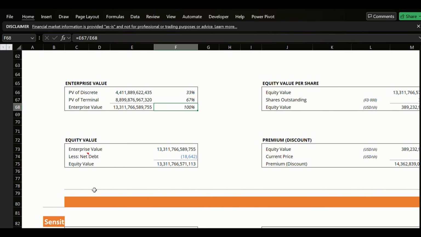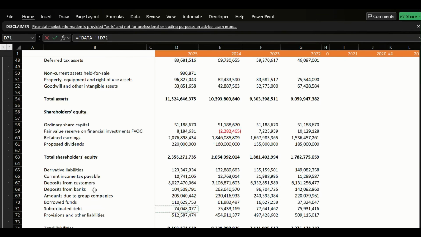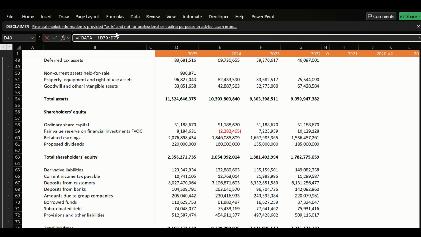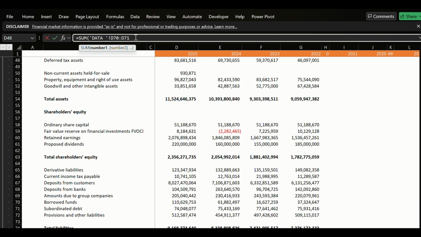Though the terminal value is too large at the moment, net debt isn't. Net debt is this. So let's correct this a little bit. Some net debt is some of that.